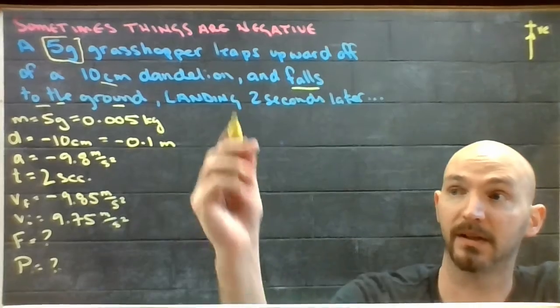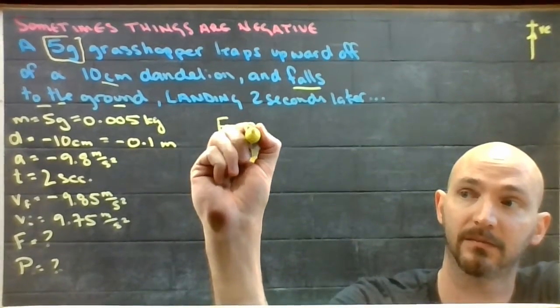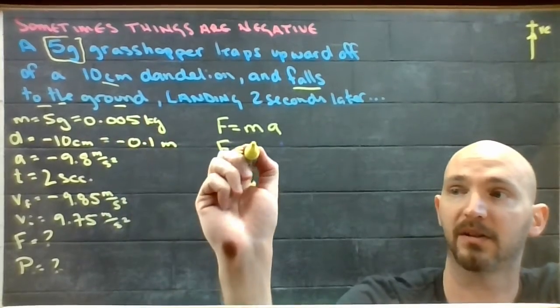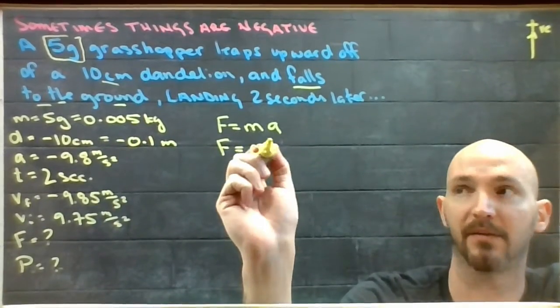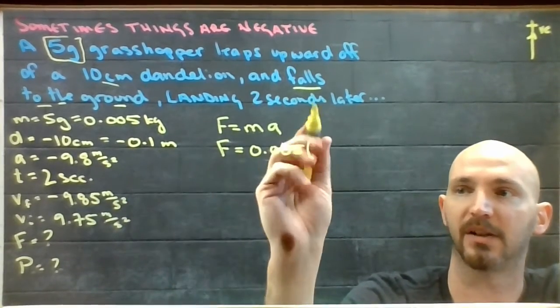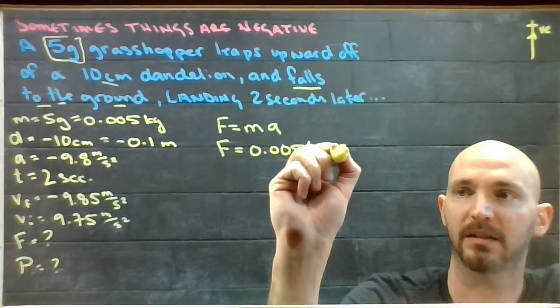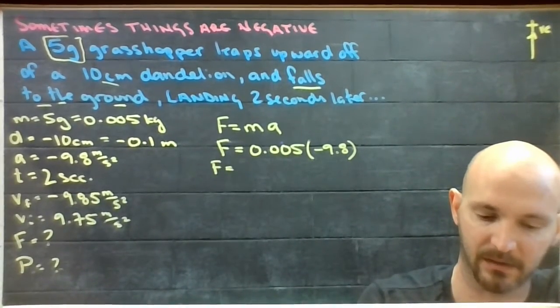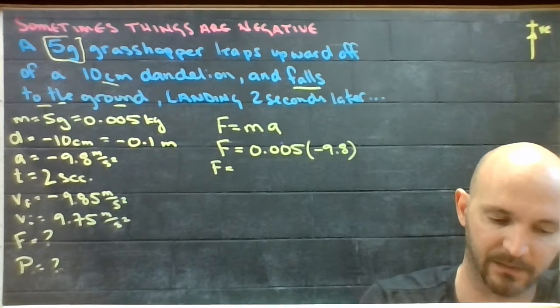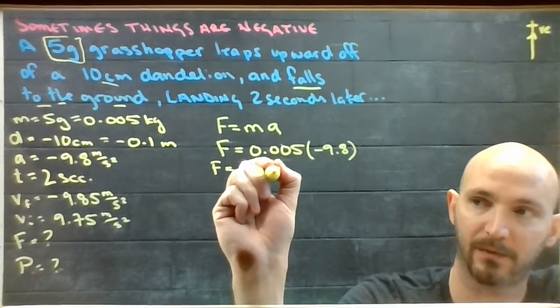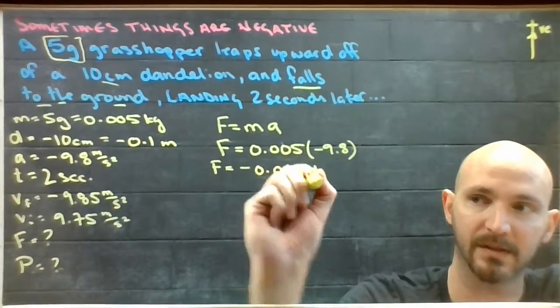Force, as always, is mass times acceleration. So in this particular question, I had a 5 gram grasshopper, which is 0.005 kilograms, and an acceleration of negative 9.8. Force is 0.005 times negative 9.8, which is negative 0.049 newtons.